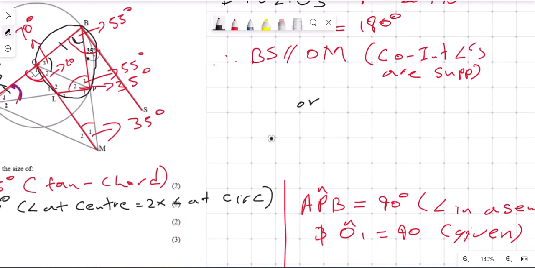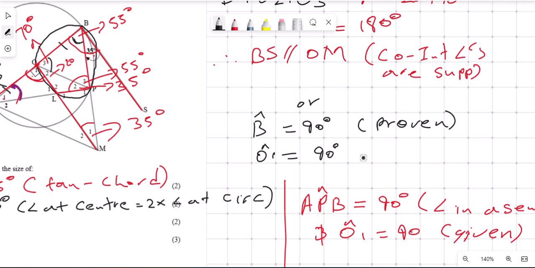Angle B is equal to 90 degrees. Maybe the reason will be proven. And then O1 is equal to 90 degrees, and the reason will be given.